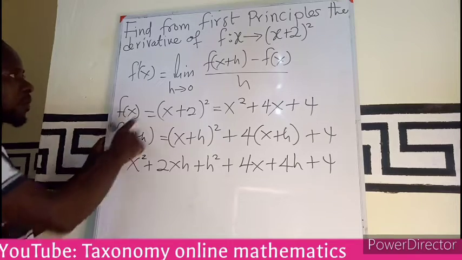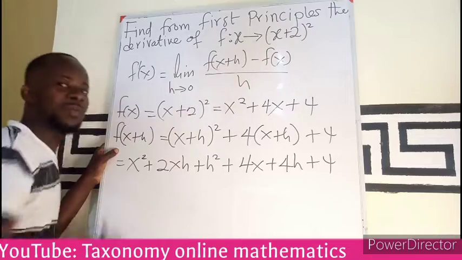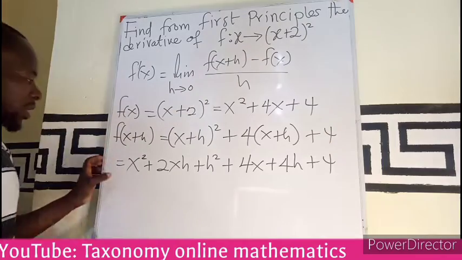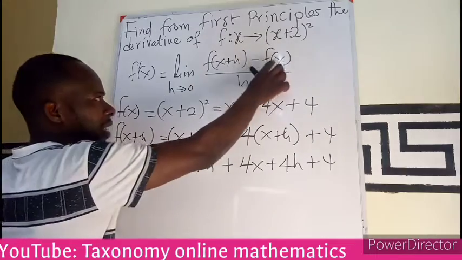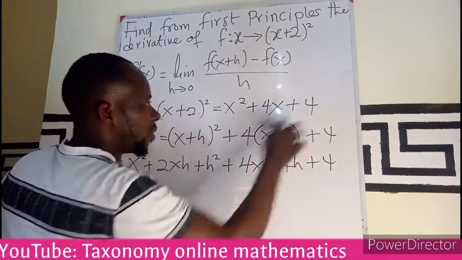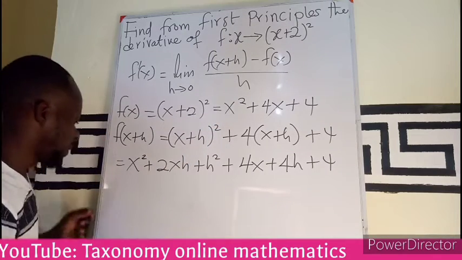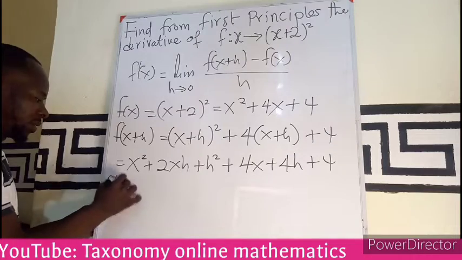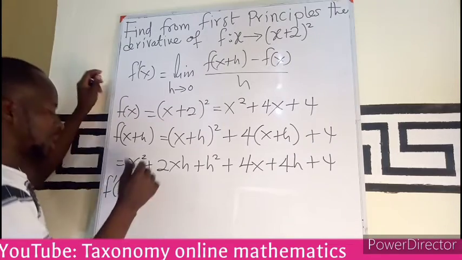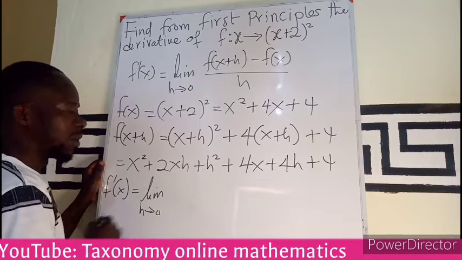So it means that from the formula, wherever I see f of x plus h, I slot in the whole of this. Then minus wherever I see this, I put in the whole of this. Then divided by h. So our derivative of this function is just going to be the limit as h approaches 0.